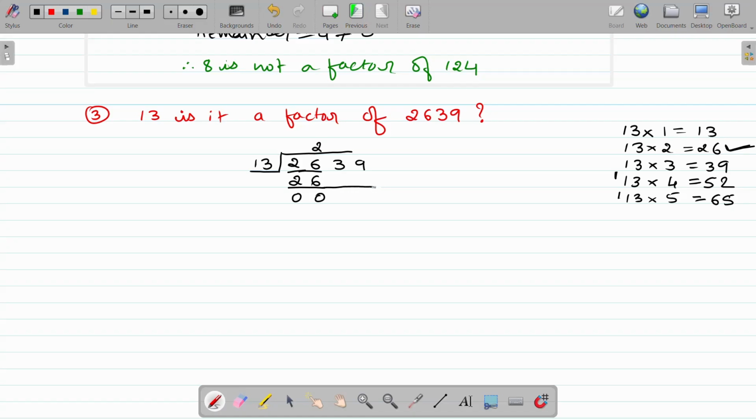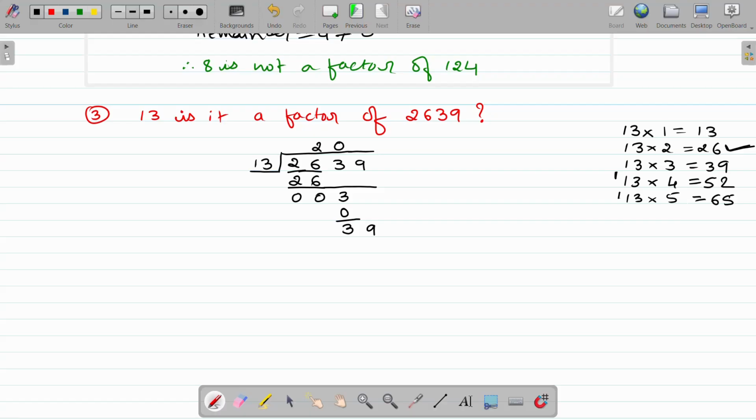Next, we have to divide the digit 3. Now look at that, 3 is smaller than 13. So because of that, we take 13 zeros are 0, and then we get the remainder as 3. Second remainder is 3. After that, we take the next digit 9, and the number becomes 39. Now you look at that, 39 is greater than 13.